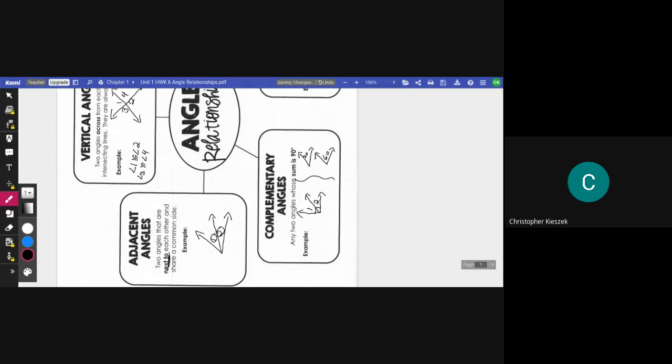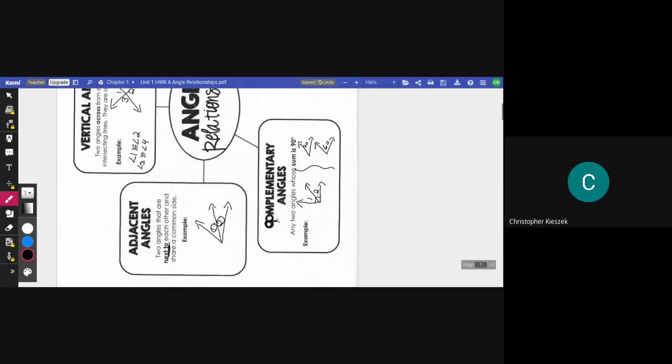Now, students tend to have trouble remembering what complementary means and what supplementary means. We're going to be dealing with a lot of these angles a lot in the year, but for right now, to help you remember, and it's a corny way of thinking about it, complementary angles, pretend I took the C and I drew a line down here. Doesn't that kind of look like a 9? And then right here, we have a 0, so 90.